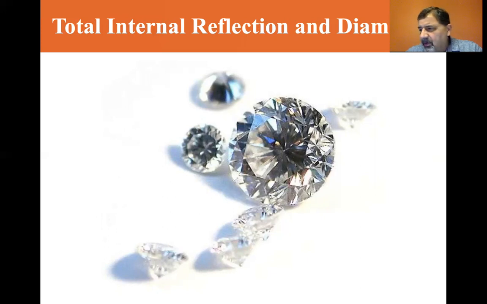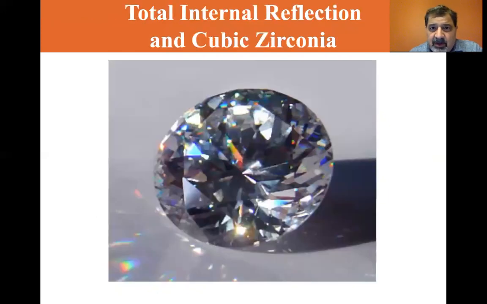separated from one another. Now, for internal reflection, cubic zirconia has a higher index of refraction than the diamond, but it can be made to sparkle like a diamond. If you're not sure if a jewel is a diamond, put it in corn syrup.